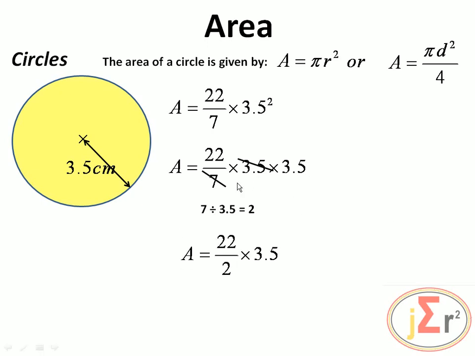So we are going to reduce the fraction like that, and of course 22 divided by 2 is equal to 11. So we are going to have 11 to be multiplied by 3.5, and that will give 38.5 centimeters squared.